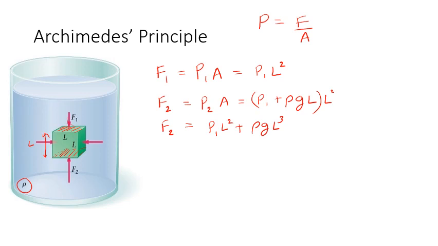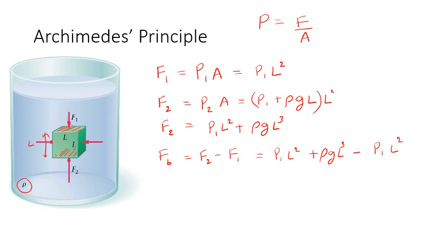If you look at the force difference between F2 and F1, that equals the buoyancy force. So the buoyancy force, FB, equals the force F2 minus force F1. F2 is P1 L squared plus rho G L cubed, and F1 equals P1 L squared.